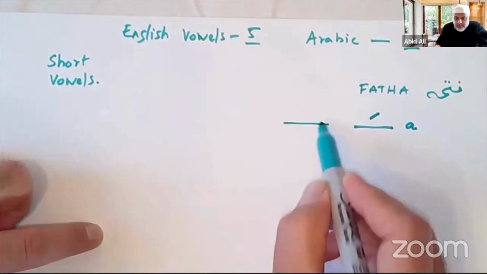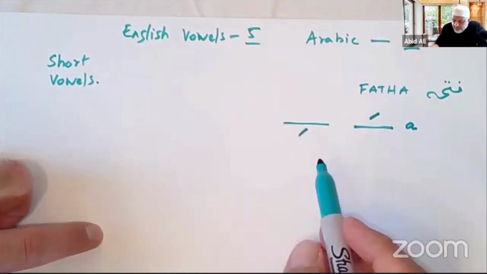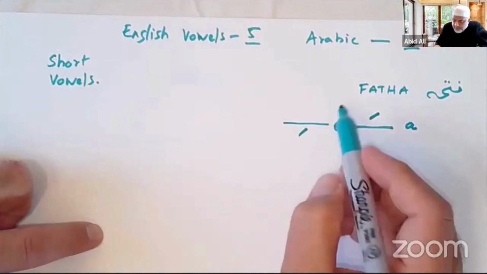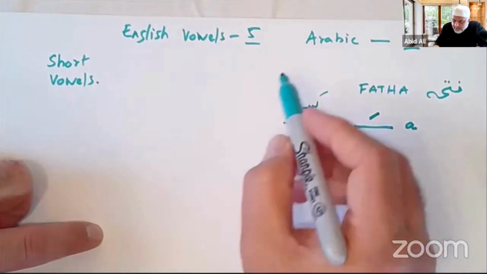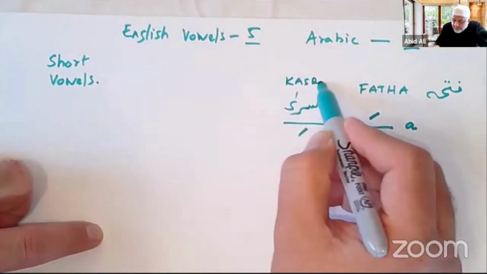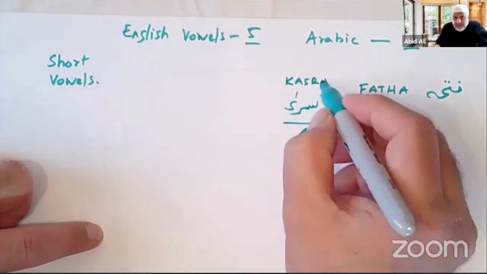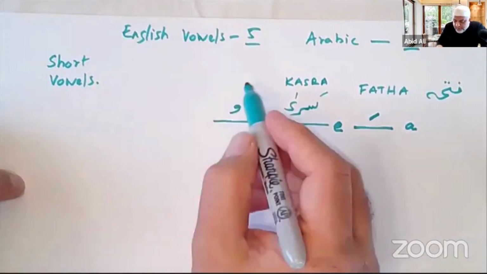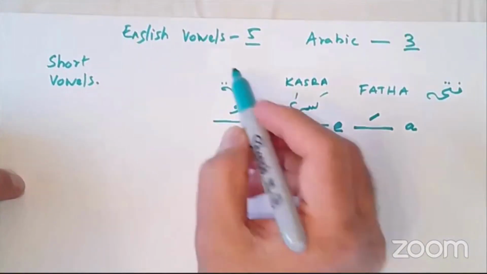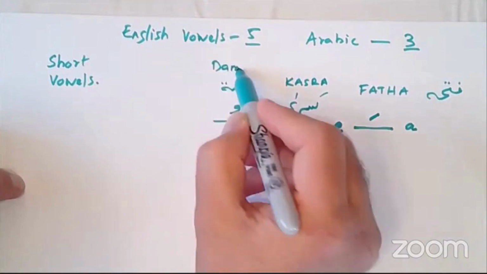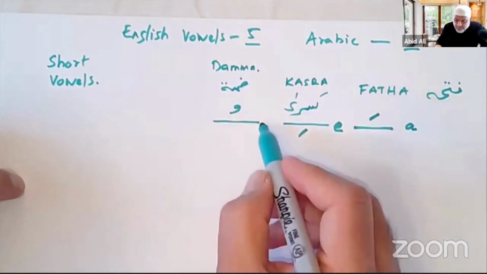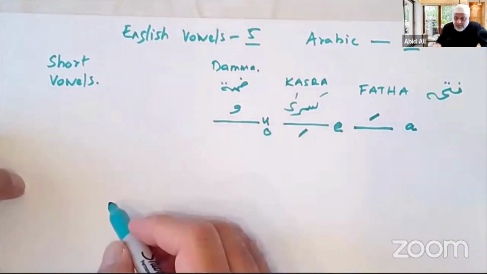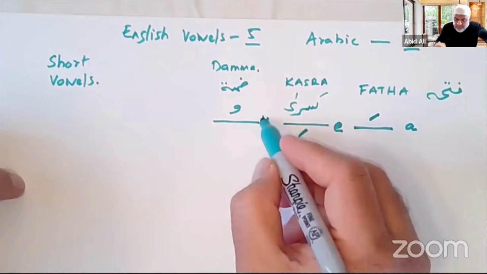So here is the kasra, and this is equal to letter E. Similarly, when we say U, or the dhamma, then it is the letter U, or some people may also give the sound of O. It's common in our country.